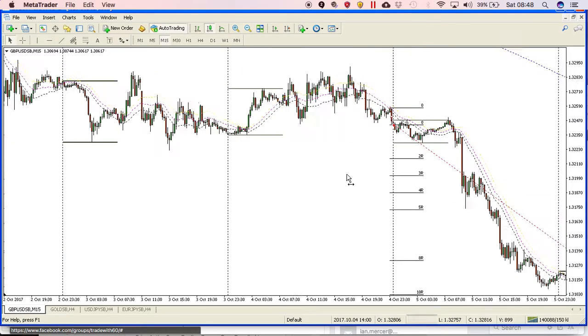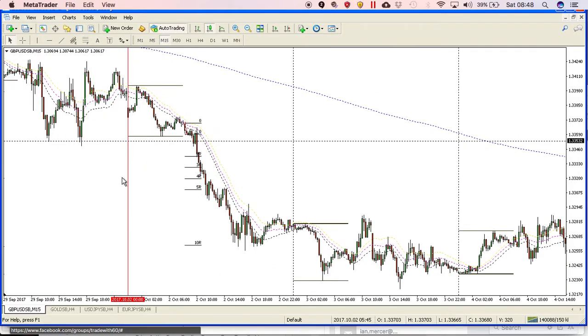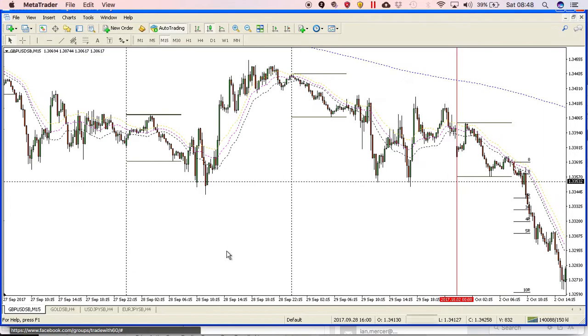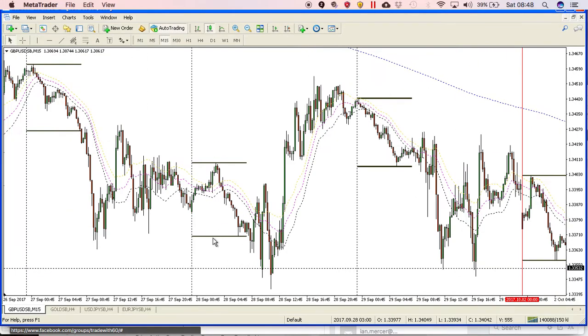Now, the interesting thing when I did some back testing on this, and this is how I used to trade years ago: just look for a higher time frame direction and use a breakout pullback entry on the M15.